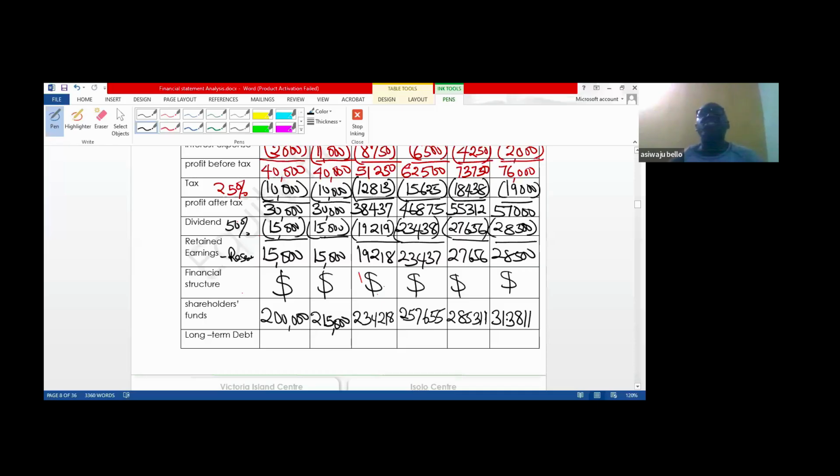You have gotten shareholders' funds from the current year, year 1, year 2, up to year 5.